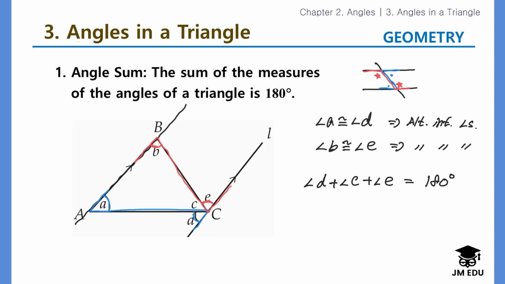And here, angle D is equal to angle A. So instead of angle D, I'm going to write angle A. And we have angle C. And instead of angle E, I'm going to write angle B. Angle E is congruent to angle B, right? So instead of E, I can write angle B. That's also equal to 180, right? So the sum of three angles in a triangle, A, B, C, is equal to 180.